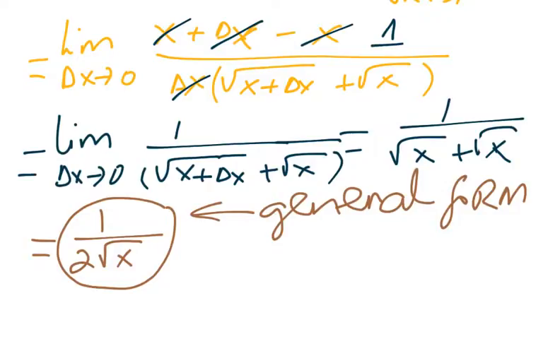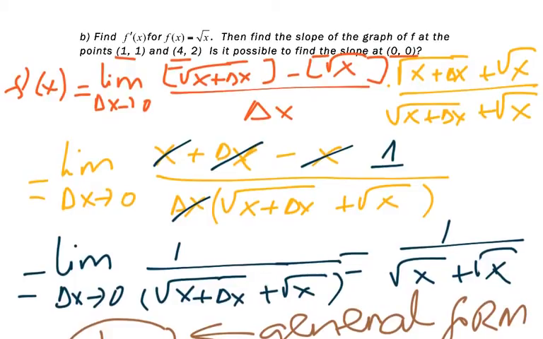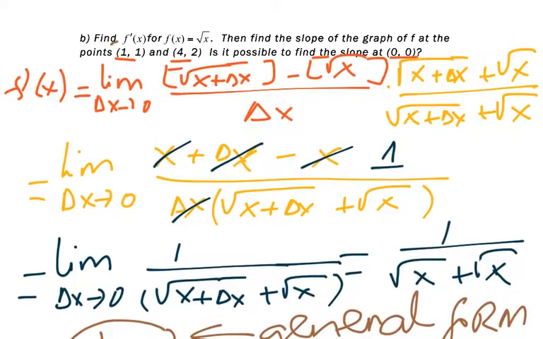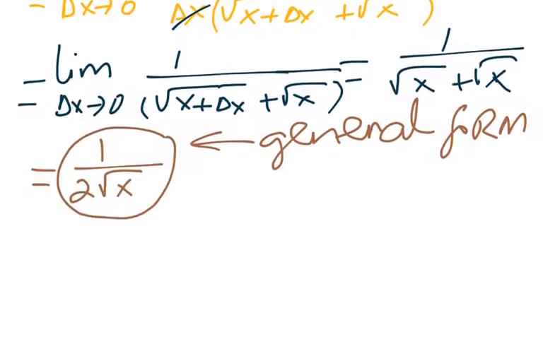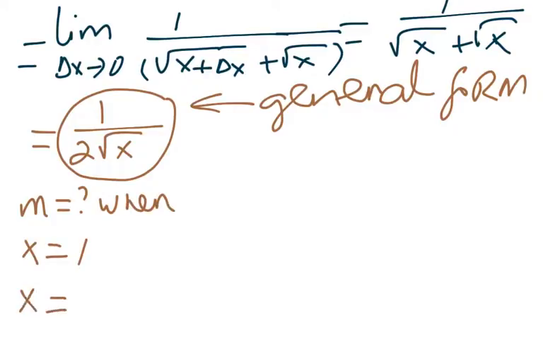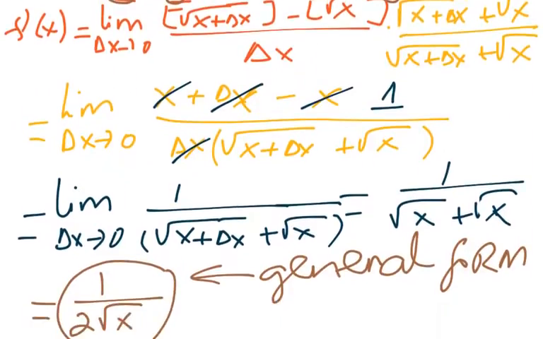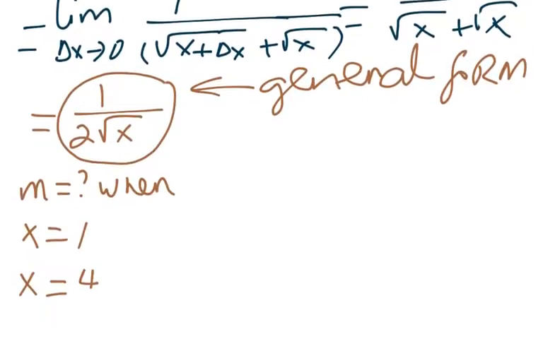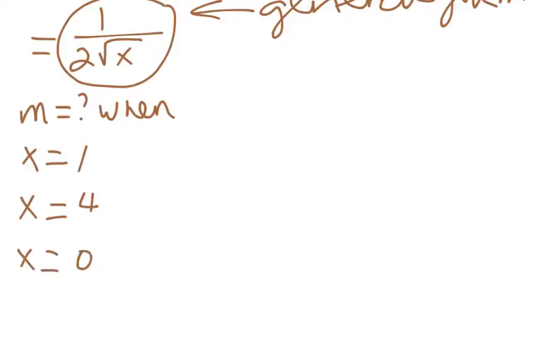So the 3 points that we want to look at, let's go back to the example, it tells you to find the slope at the points 1, 4, and 0. So we want to find the slope. M is equal to what? When x is 1, x is 4, and when x is 0.